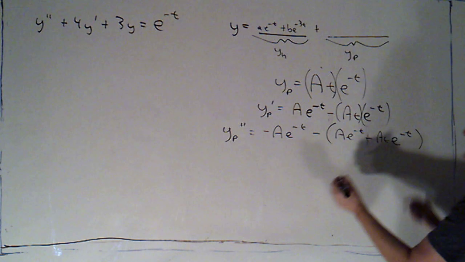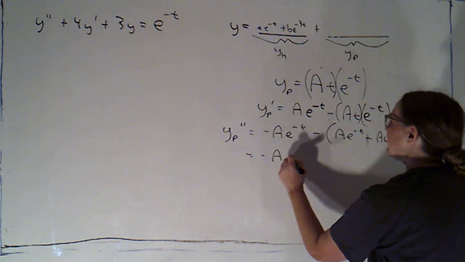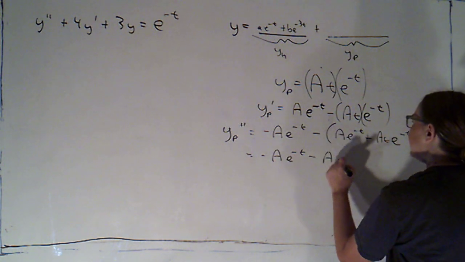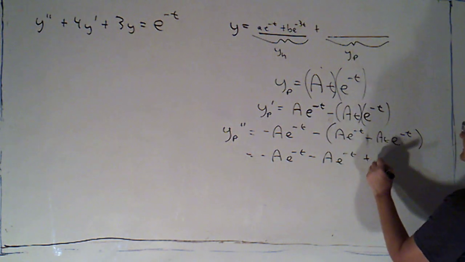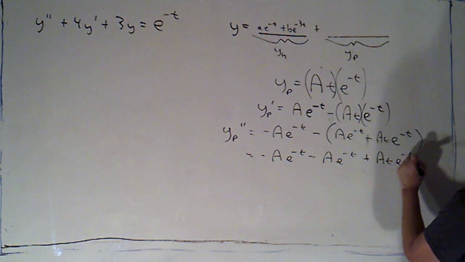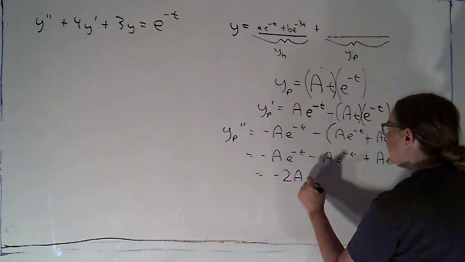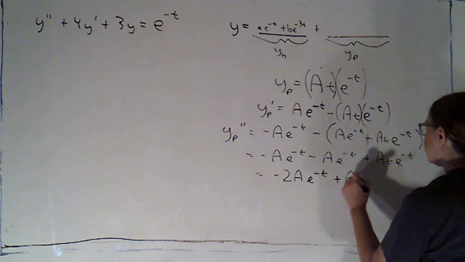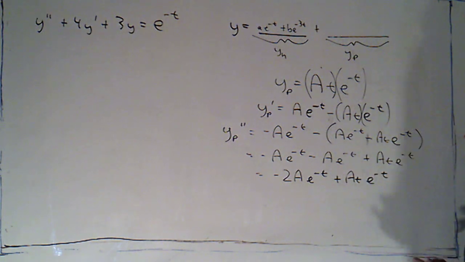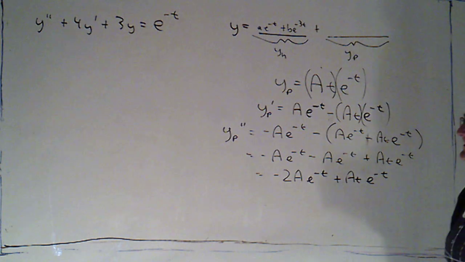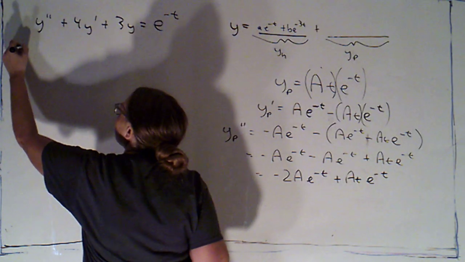So if I distribute the negative, I've got negative a e to the negative t minus a e to the negative t plus at e to the negative t. Notice that's negative 2a e to the negative t plus at e to the negative t. So we've calculated our first and second derivatives. Now let's plug in and solve for a.